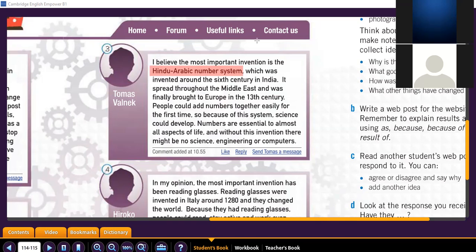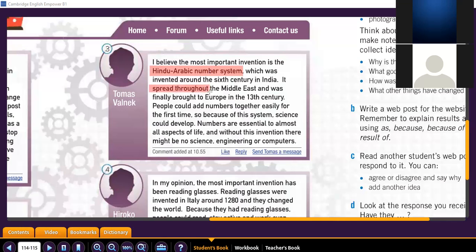Sí, que fue creado alrededor del sexto siglo, más o menos, en la India, ¿no? It spread throughout the Middle East and was finally brought to Europe in the 13th century, right?